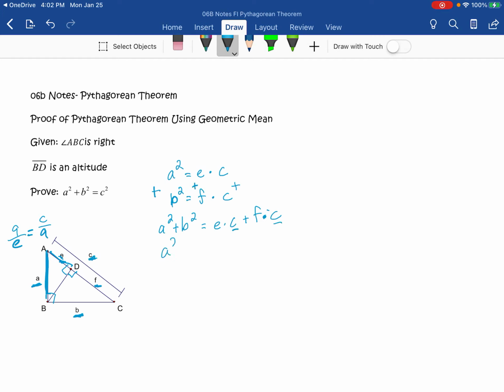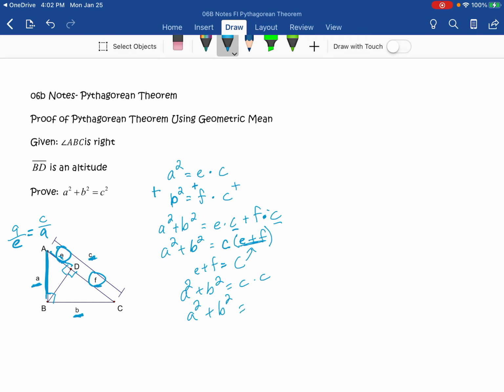Now I notice that both of these have C, so I know a squared plus b squared is equal to, I factor a C out, and that's going to be E plus F. Something that I notice, I know E plus F is equal to C. So I'm going to replace this E plus F with C, so I have a squared plus b squared is equal to C times C. And what must be true?